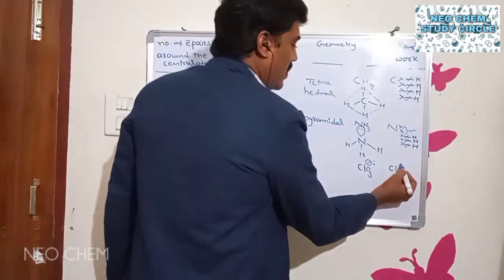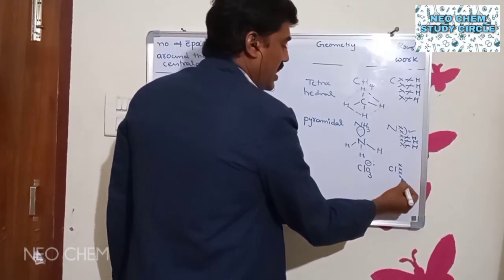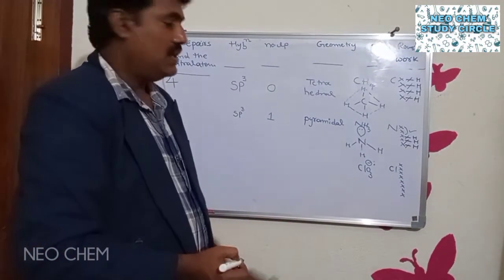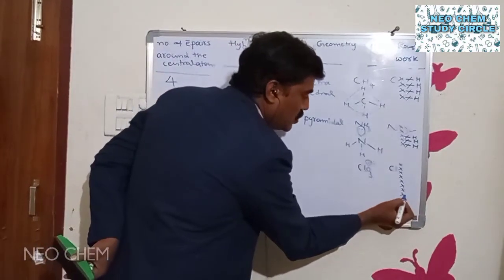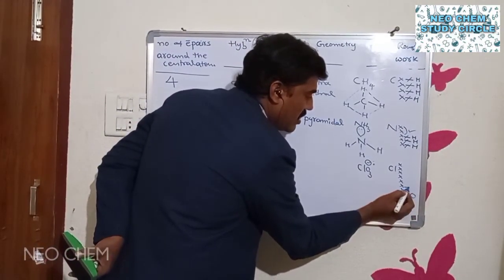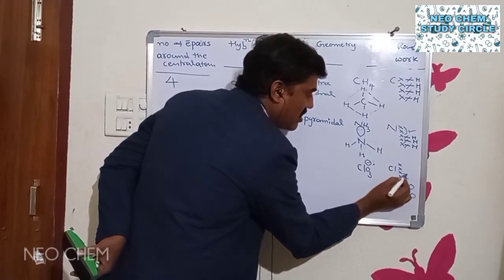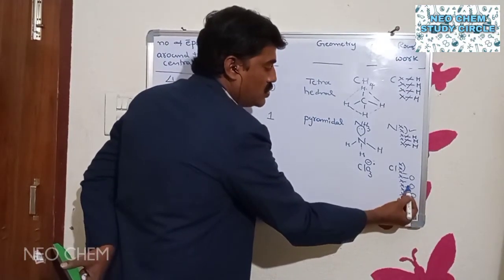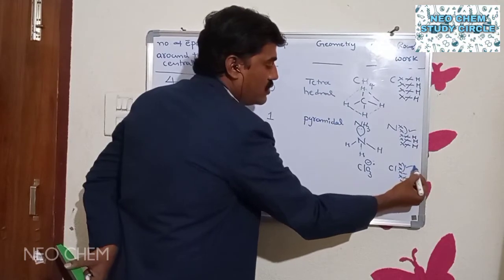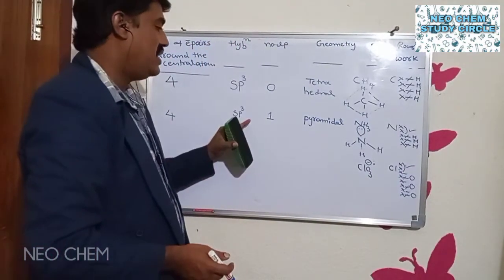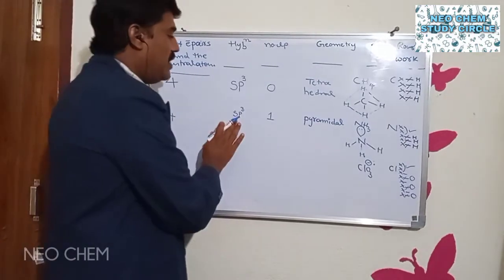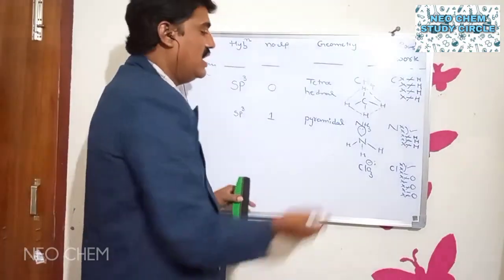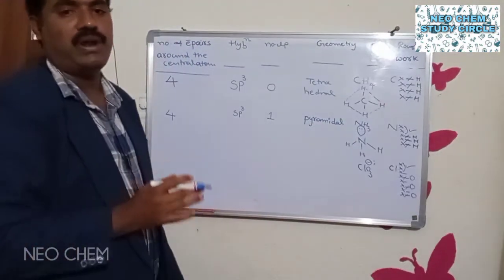So 1, 2, 3, 4, 5, 6, 7, 8. There are 3 oxygens. So with 2 electrons together, 1 oxygen, second oxygen, third oxygen, remaining 1 lone pair. So 1, 2, 3, and 4th sigma bond. That's why hybridization is sp3. After sp3 hybridization, 1 lone pair of electrons is remaining over the chlorine. That's why the geometry of the chlorate ion is pyramidal.